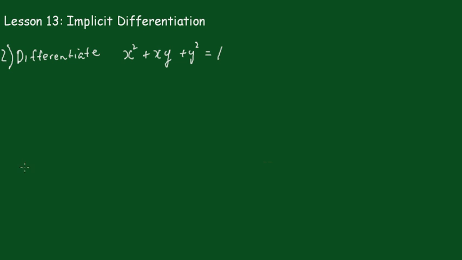Right, in number 2, we have to differentiate x squared plus xy plus y squared equals 1. It's a more complex relationship to differentiate. Do the same thing, we'll differentiate with respect to x both sides.